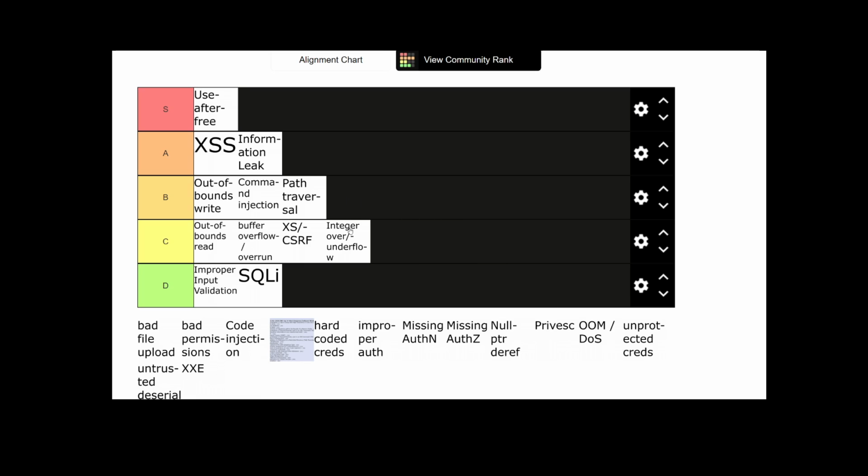I think path traversal is a solid B. I think that it's interesting that paths are so ubiquitous, and yet there isn't a reasonable specification that really defines what it means to have a safe or an unsafe path component, in the sense that, you know, we have encodeURIComponent for URL data.